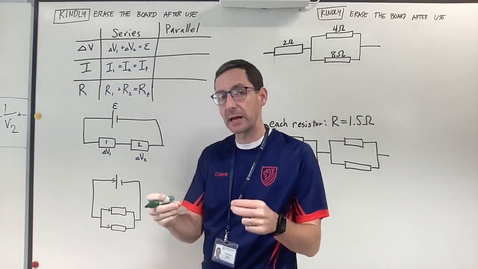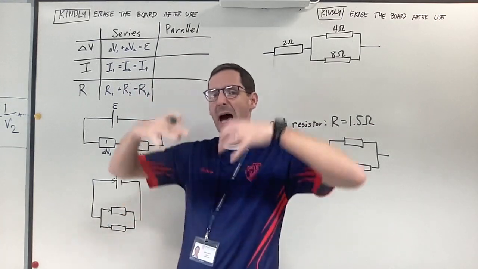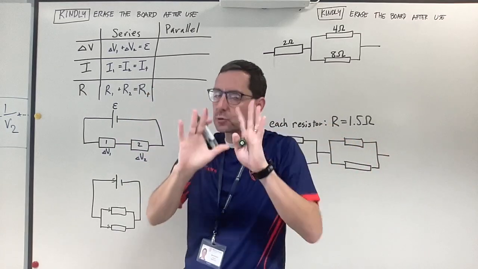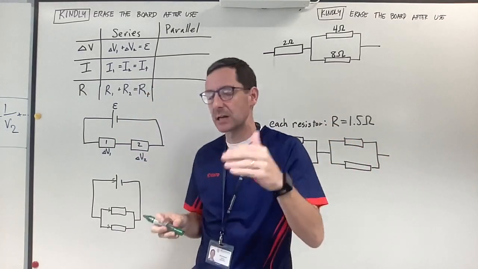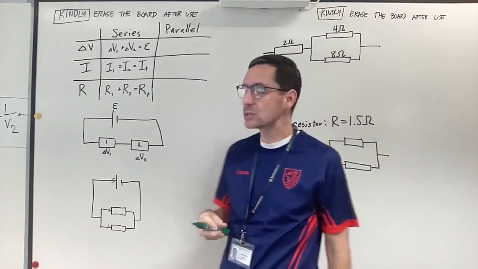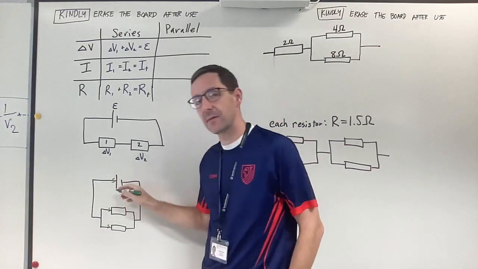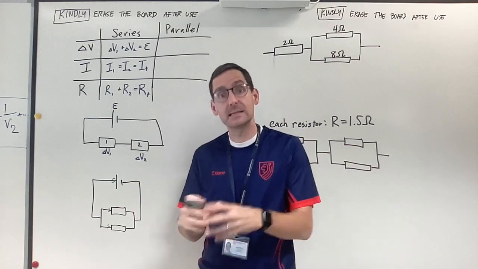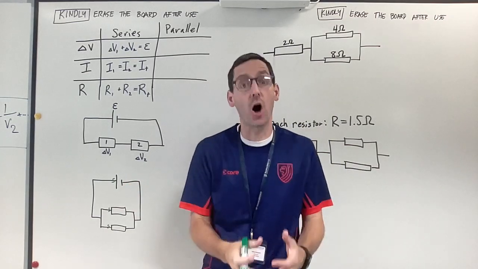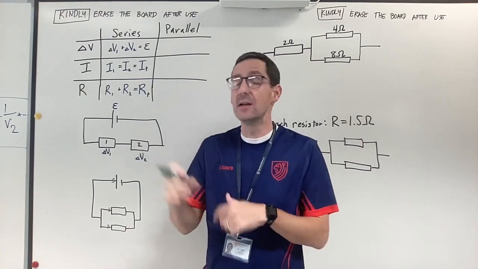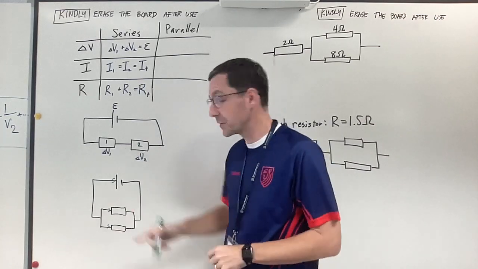Potential doesn't split. Potential is that level of energy kind of, and we'll talk more about what exactly potential is next year when we do fields. But for now, just understand that the potential in a wire is the same everywhere. No potential is lost as long as it's connected. The potential doesn't split. It's all the same.